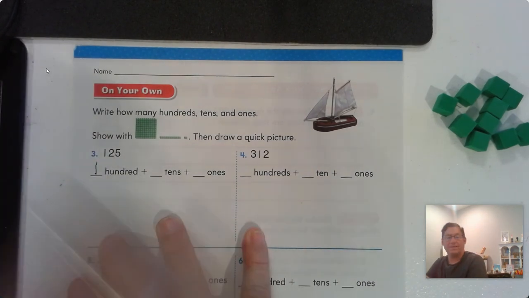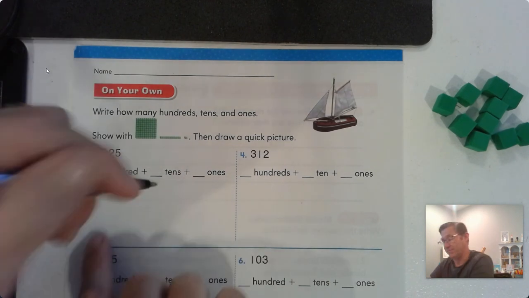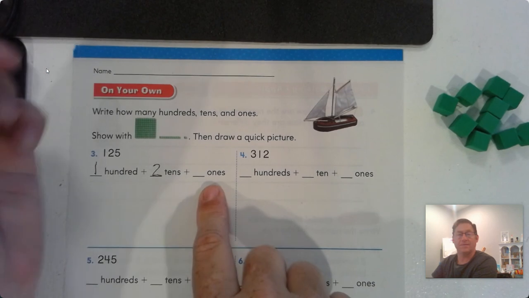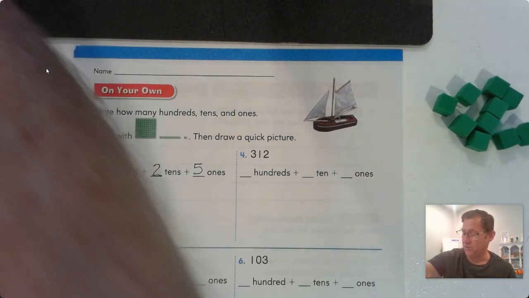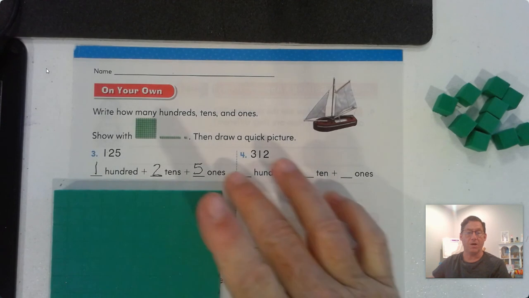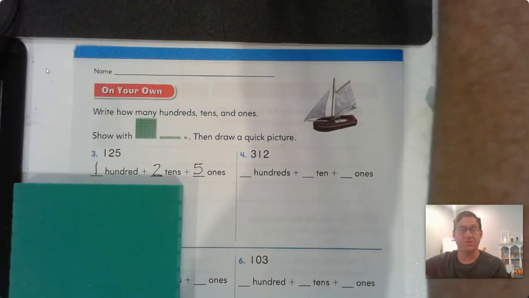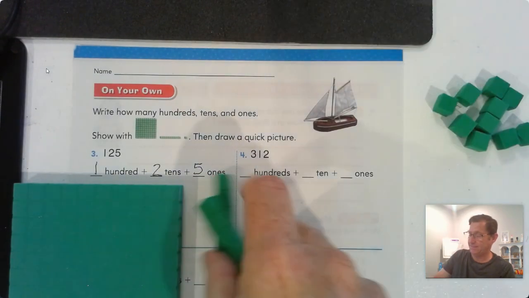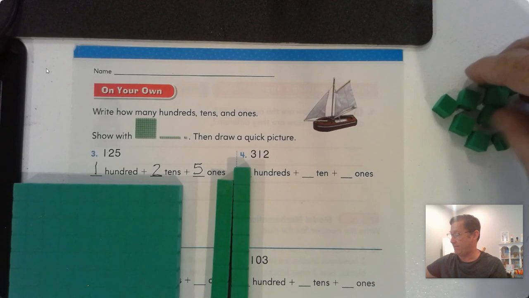We have 100. 20, we'd have 2 tens. 25 would be 5 ones. So if I was using the blocks, I'd have 100. I'd have 2 tens. And I'd have 5 ones.